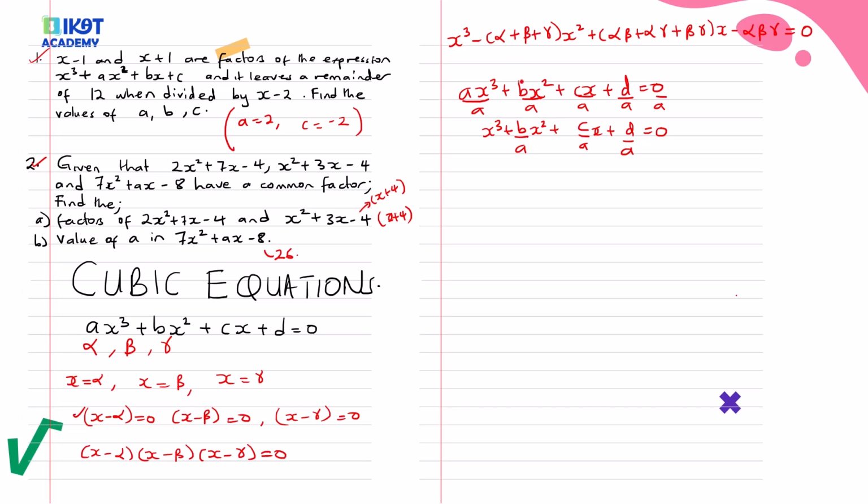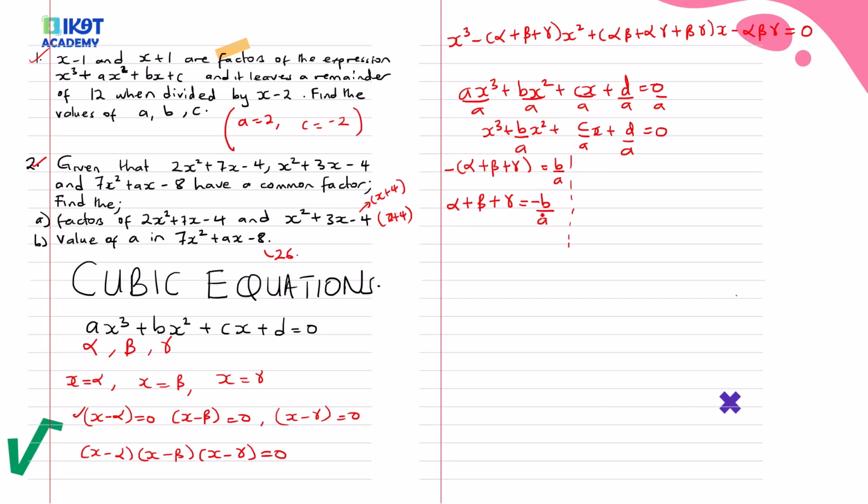For the x cubed term, this is 1, this is 1. Then for the x squared term, we have negative (alpha plus beta plus gamma) is equal to b out of a. So we can take the negative this side, we have alpha plus beta plus gamma is equal to negative b out of a. So you realize that the sum of the roots of a cubic equation is also equal to negative b out of a.